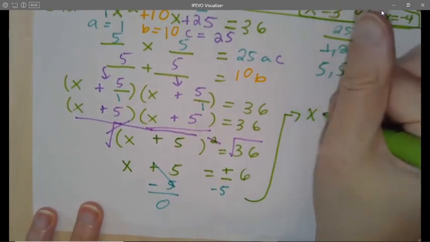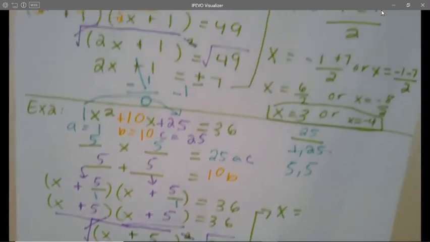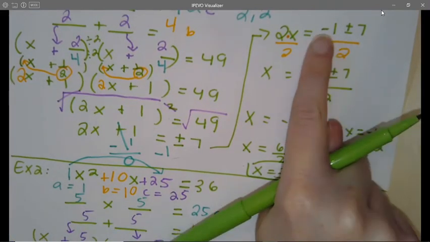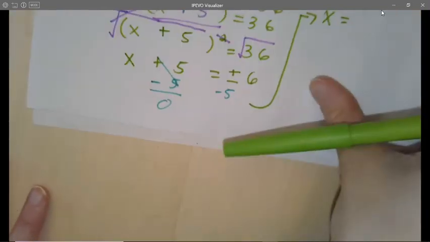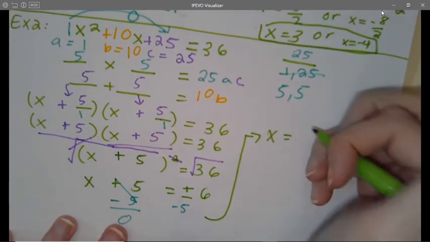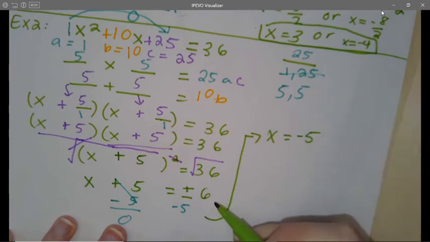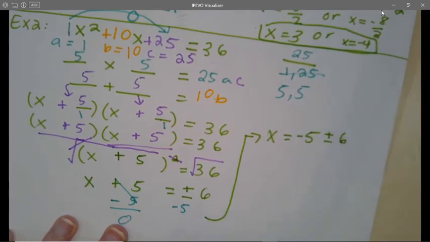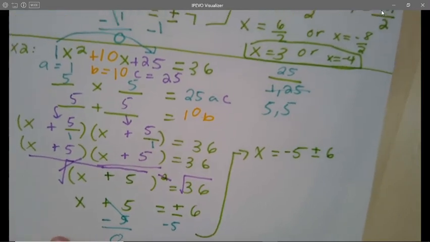I'm going to say x equals, again, you guys, don't forget, usually we put the plus or minus second, and then we put the other number in front of the plus or minus. Okay, so I'm going to put this -5 first, and then the plus or minus part second. So plus or minus 6.